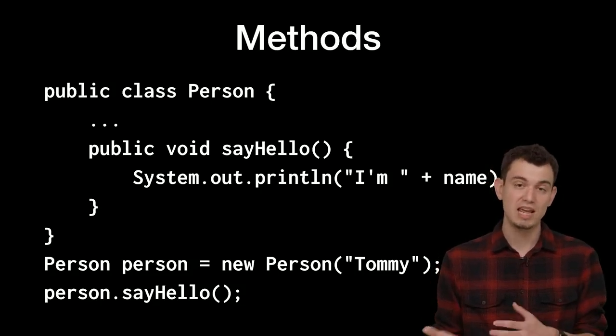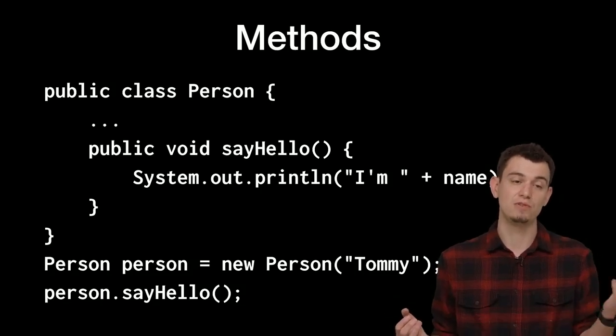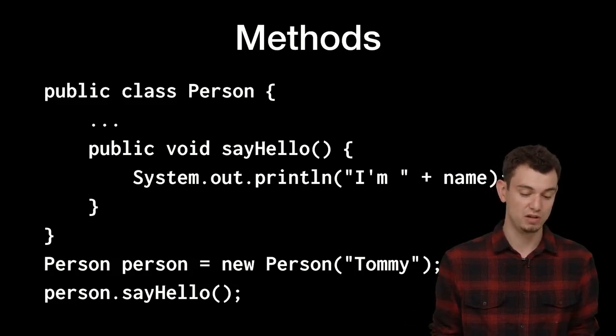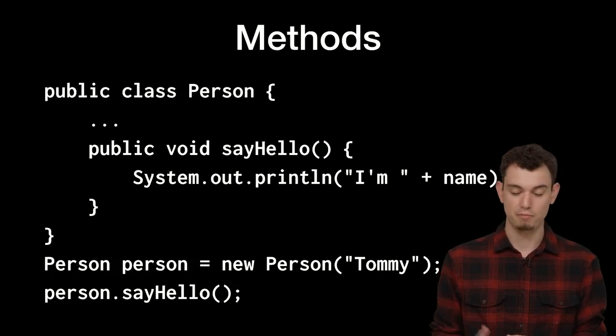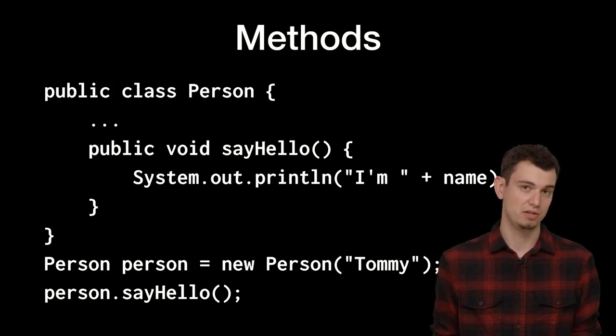So by just saying name here, Java knows that this name actually refers to that name field inside of your class. So now to use this method, I can create that person just like before, say new Person, pass in some value, and then I can say person.sayHello, and that's going to call this method.